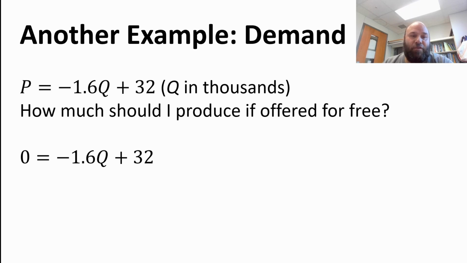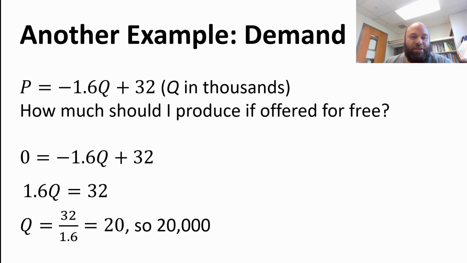So we plug in 0 for P and then solve for Q. So we have P equals 0, so 0 equals negative 1.6Q plus 32. Solve for Q by adding 1.6Q to both sides. So now we get 1.6Q equals 32. And divide. 32 divided by 1.6 is 20. So we should be prepared to produce 20,000 of our good or service if we're offering it for free.